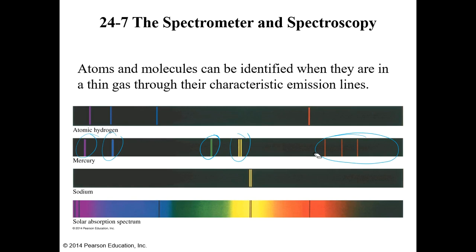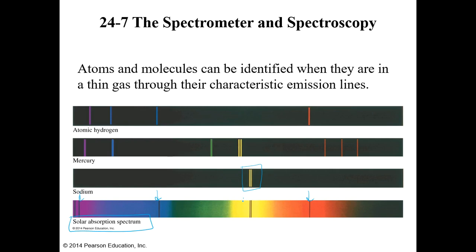And sodium's an interesting one. The reason why sodium is so interesting, there are only these two lines in the yellow that sodium releases. That's the only visible light we get from excited sodium atoms. Now here's why it's interesting. When you look at the sun, this is the solar absorption spectrum for the sun. You see these gaps? These gaps are there because there are certain atoms which emit those wavelengths of light, but they're not present in the sun to emit those wavelengths.